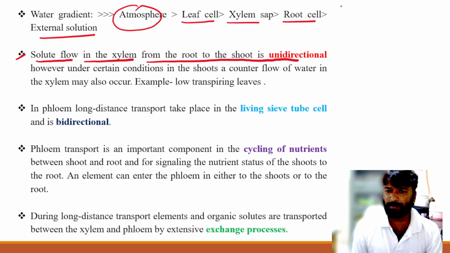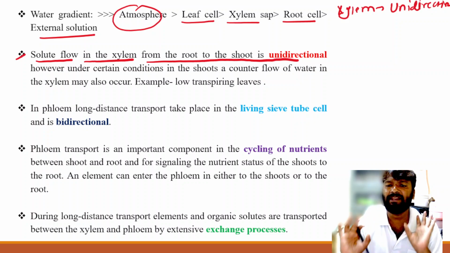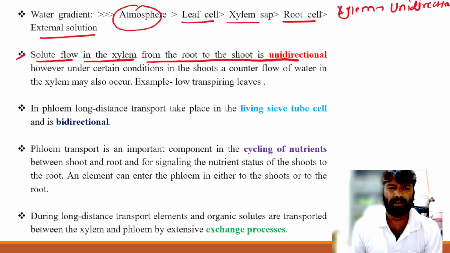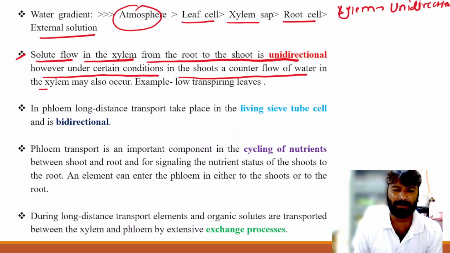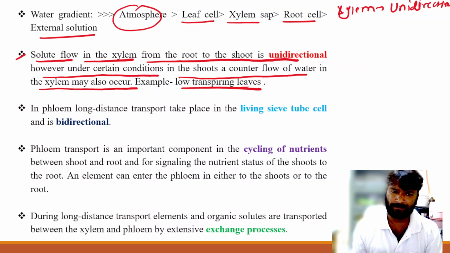So your xylem flow is unidirectional, because water flows only in the xylem. However, under certain conditions in the shoots, a counter flow of water in the xylem may also occur. There are some exceptions, like low transpiring leaves.